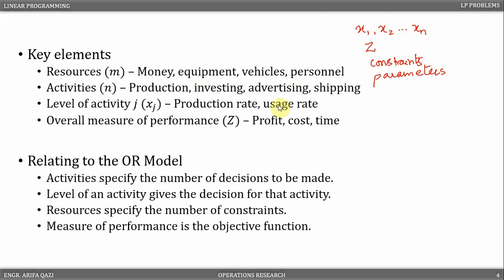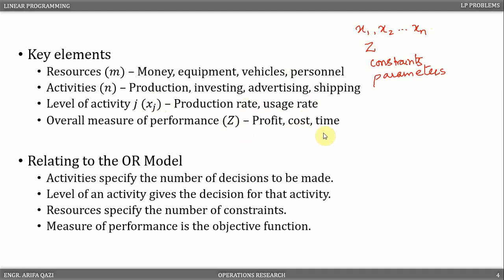We have the level of each activity for which we make the decision for this activity, and this is represented by xj, where j in this case would be 1, 2, all the way up to n. Examples of this include the production rate or usage rate. And finally, we have the overall measure of performance, which is our objective function z. And this could represent the profit, cost, time, and so on and so forth.